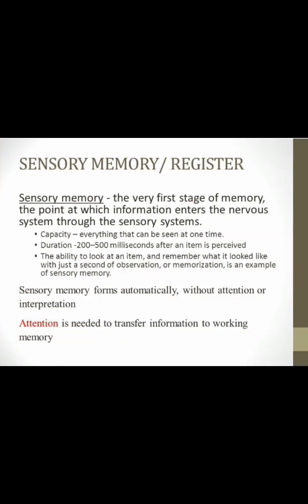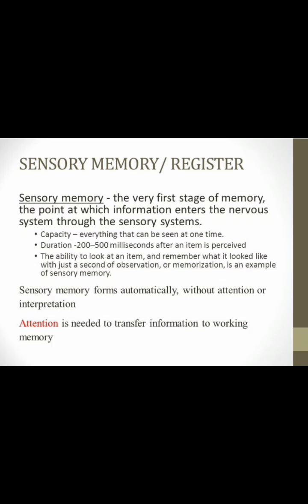The first type is sensory memory, the very first stage of memory, the point at which information enters the nervous system through the senses. Capacity: everything that can be seen at one time. Duration: 200 to 500 milliseconds after an item is perceived.